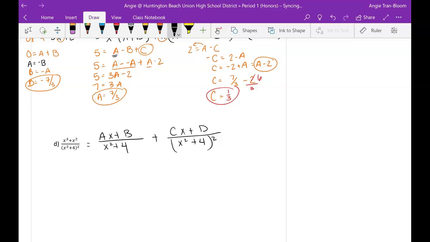Okay. Now I'm gonna multiply by the common denominator, so that way I can clear out my fractions. And I'm not going to write it over again because this one I didn't really have to do a lot of factoring, so there wasn't any work prior to this. Okay, so x squared plus 4 times, square. I don't have to write it out. It's just square.